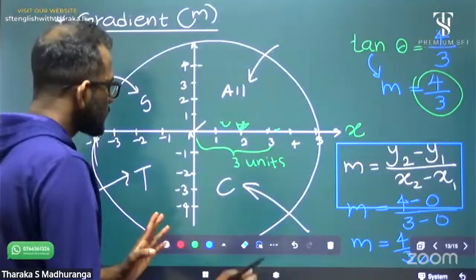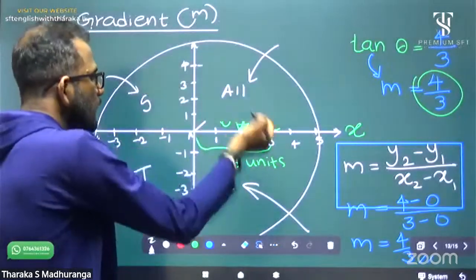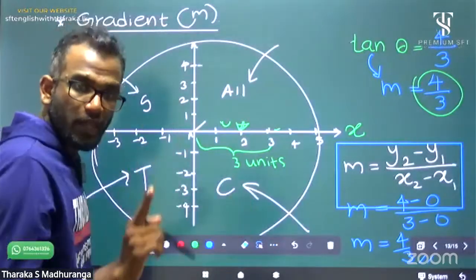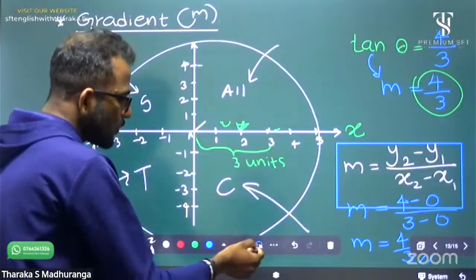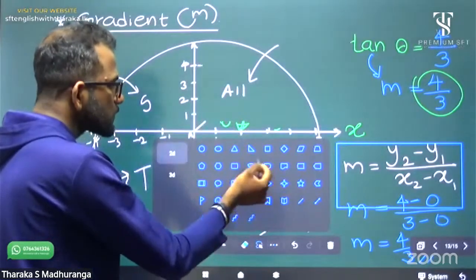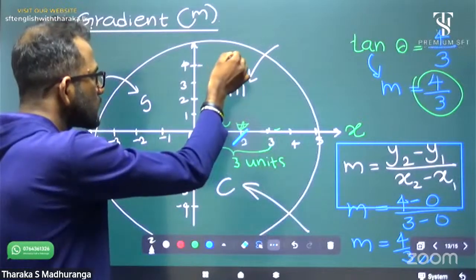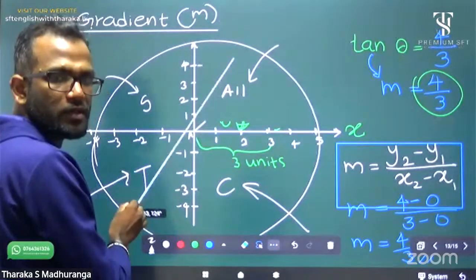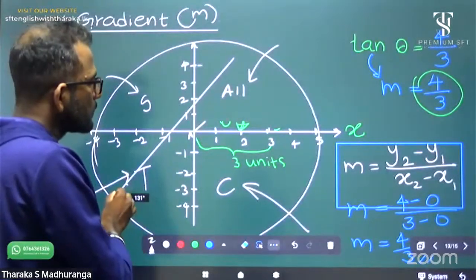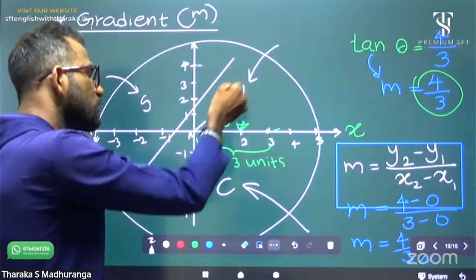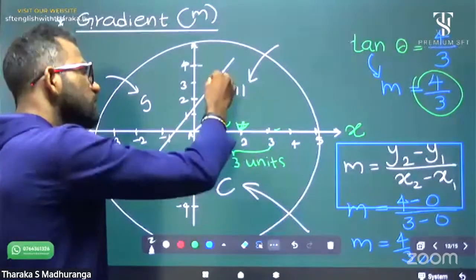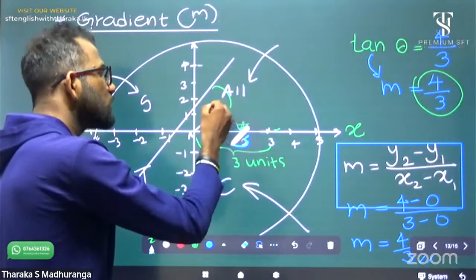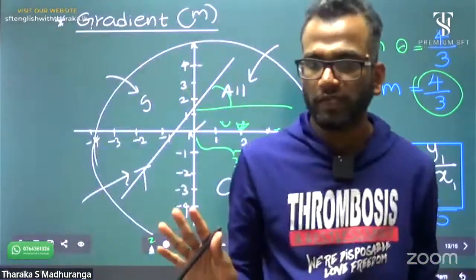Very important. In the third circular base, only tan is positive, but others are negative. In the final circular base, cos is positive, others are negative. In the second and the fourth circular base, tan is negative. If you got this shape of straight line, in the first circular base and third circular base, remember the tan value is always positive. Therefore, gradient is always positive.